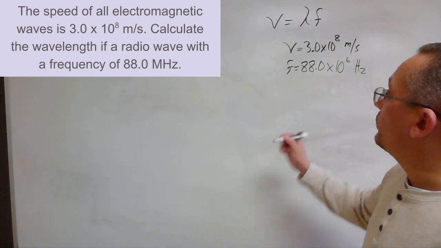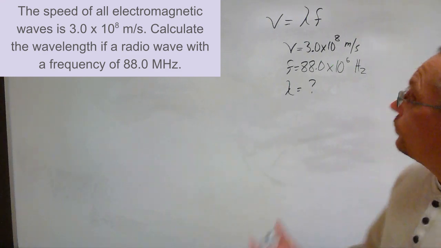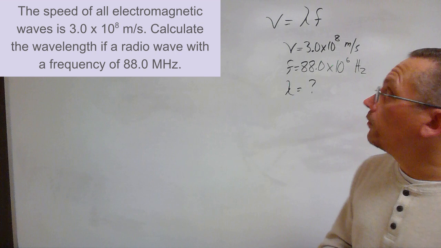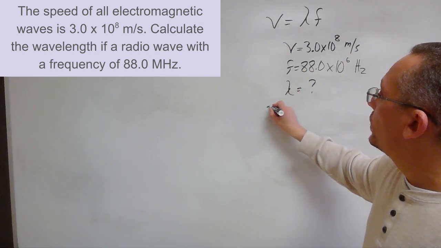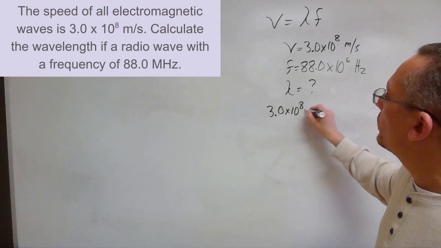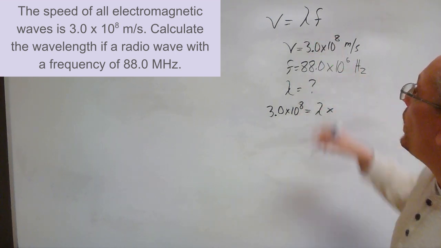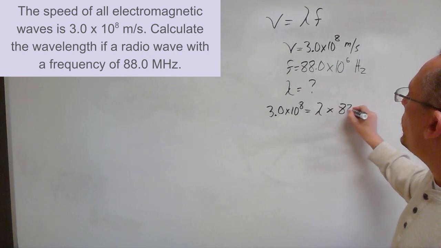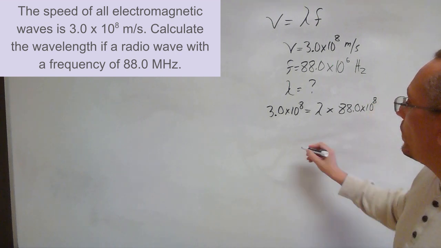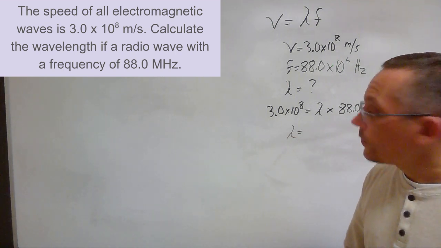And they ask us to find the wavelength. Okay, so we've got two of the three numbers in the equation. Let's go ahead and put them into the equation and solve. So V is 3.0 times 10 to the 8th. Lambda is what we're looking for, and f is 88.0 times 10 to the 6th. So we will go ahead and divide to solve that.